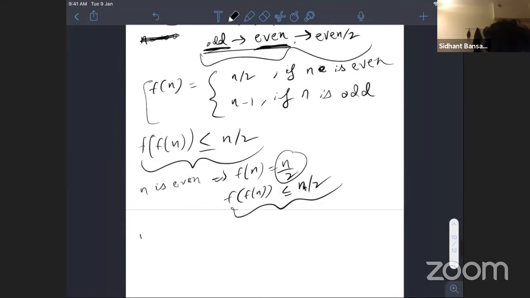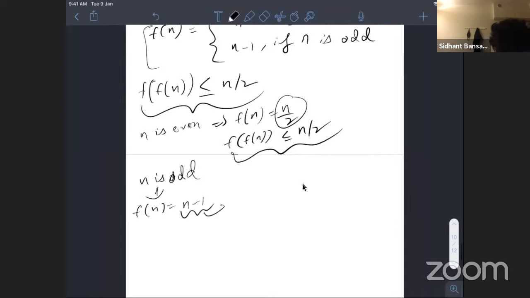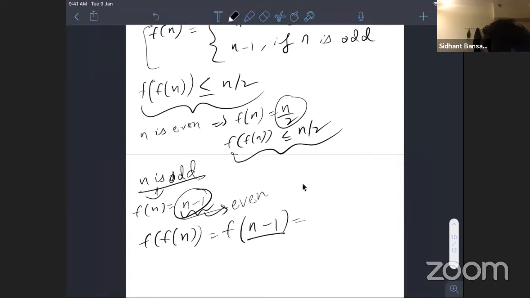And if n is odd, then f of n is going to be n minus 1, which is even because n was odd. So n minus 1 is even. And since we know that this is even, it's going to be n minus 1 by 2, which is less than n by 2.